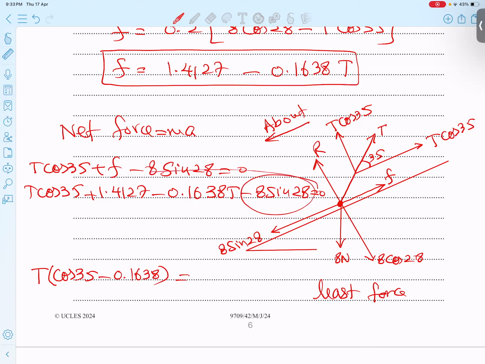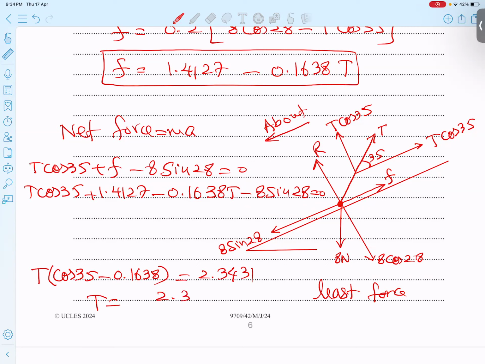And this one I will bring to the other end and type in. So 8 times sine 28 minus 1.4127. And I got here 2.3431.